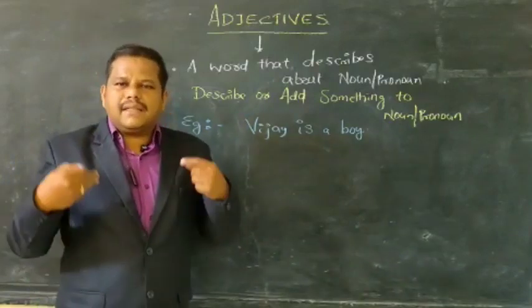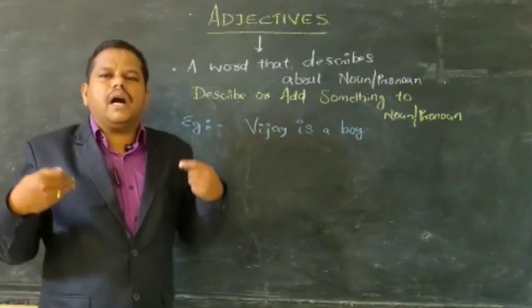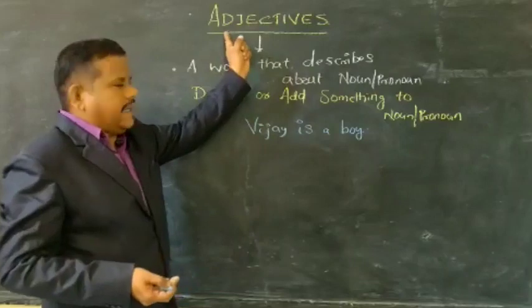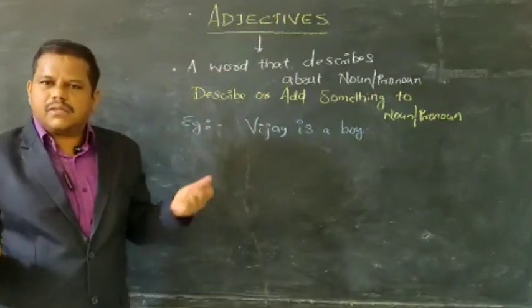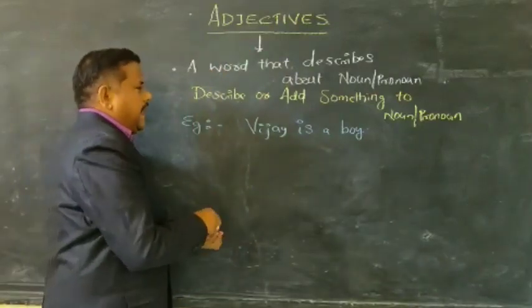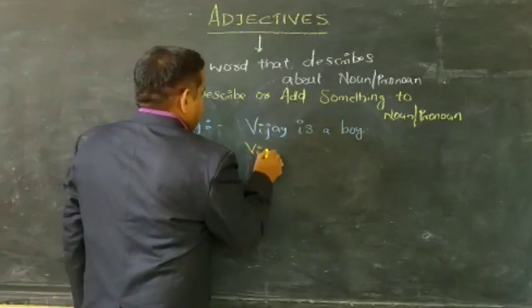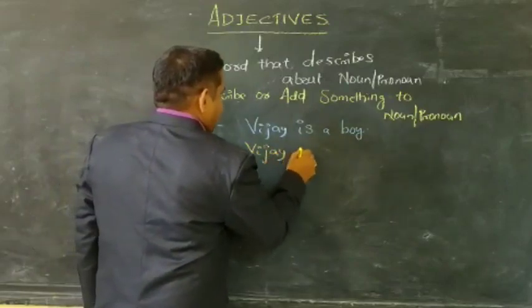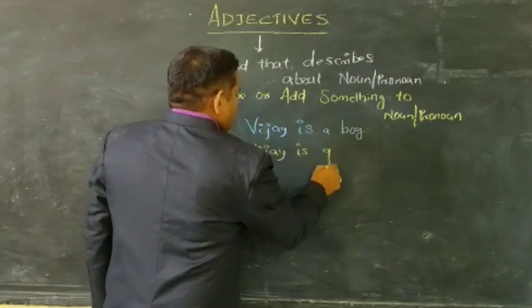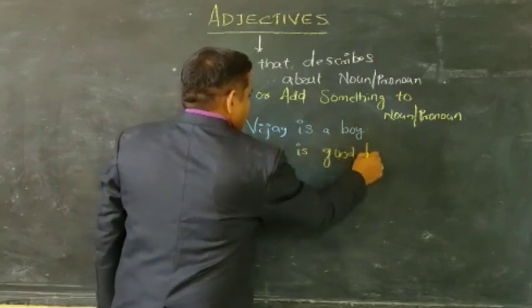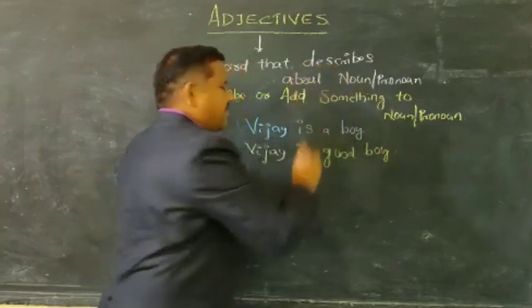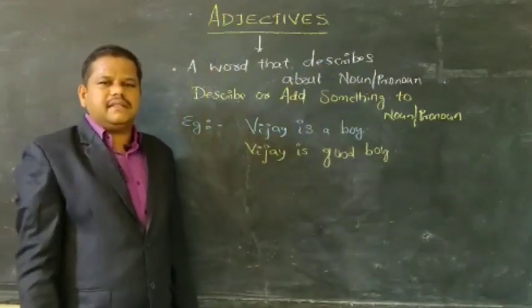If you want to add a quality to a person, that is called an adjective. I have written another sentence: Vijay is a good boy. What is the difference you are finding between the first sentence and the second sentence?